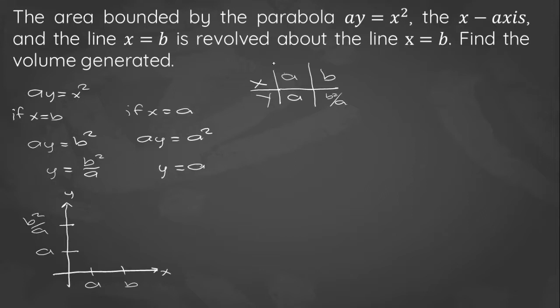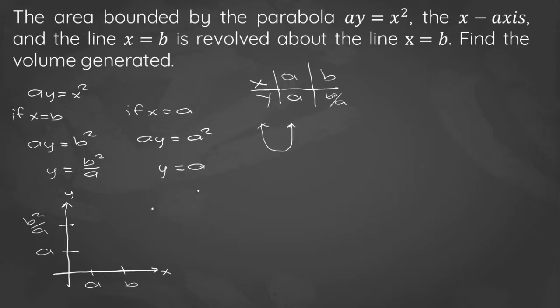So it is given that this equation is a parabola. From the equation, ay is equal to x squared, it is opening upwards since it has a positive value. So our graph will look like this.